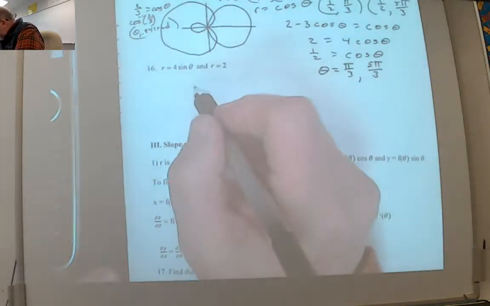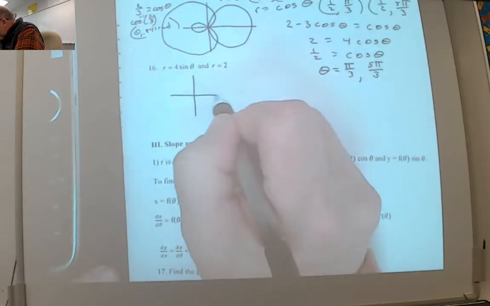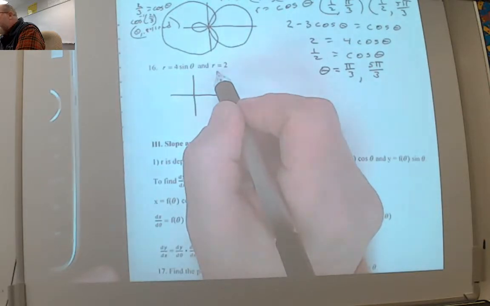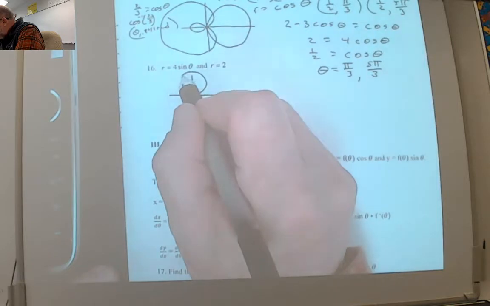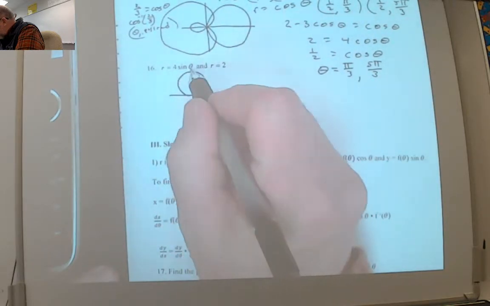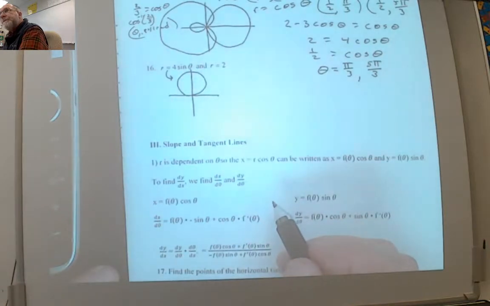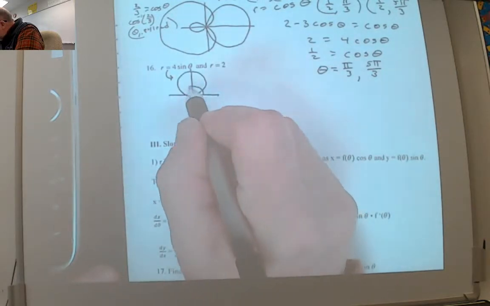Now, if I take a look at these two graphs, this one is a circle and this one is a circle. This is a circle that looks like this. That's this one. And the other one looks like this.